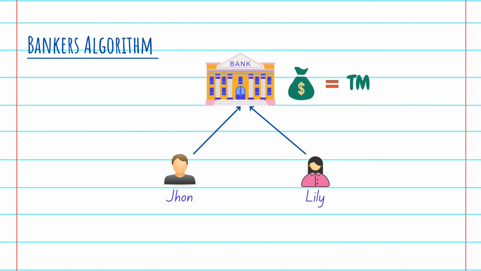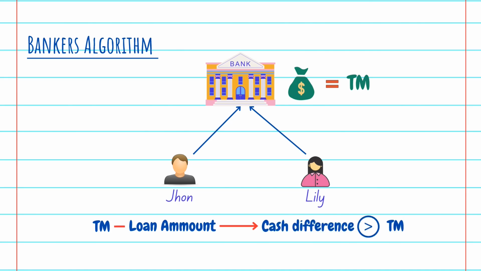In such a case, XYZ bank first deducts the loan amount from the total cash and then estimates the cash difference as more than total money TM to approve the loan amount for the first bank holder John, so that the bank manager could help Lily to withdraw some cash or apply for a loan at the same time without any restriction in the functionality of the banking system.